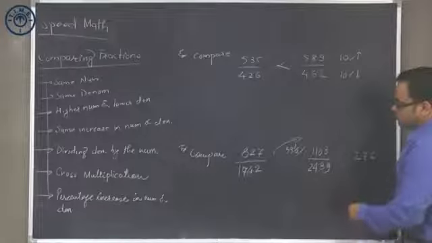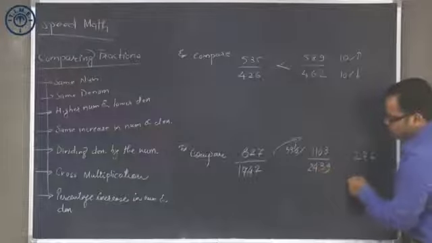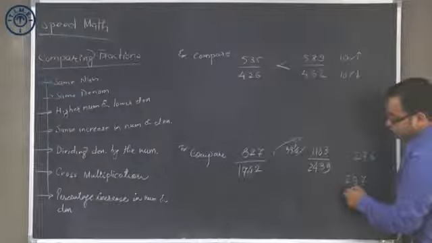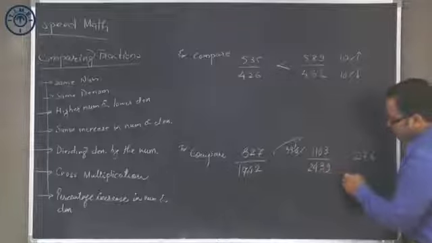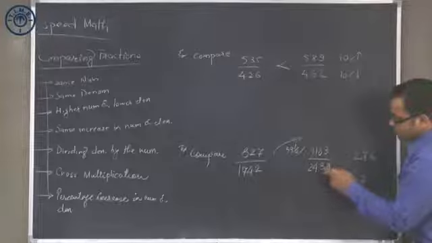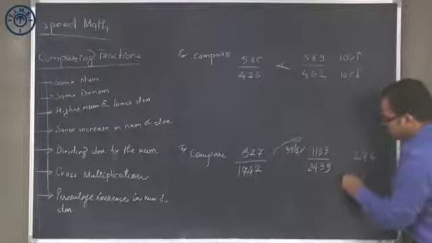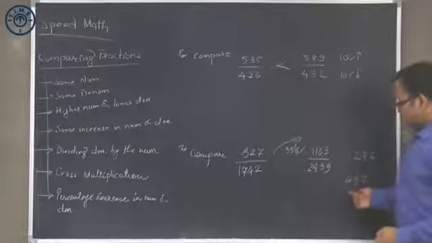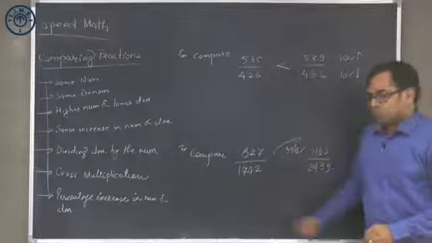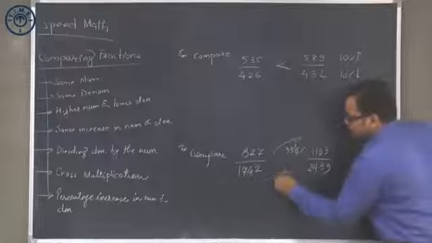Whereas if I look at the denominator, from 1742 to 2439, the increase is 697. 697 is approximately 700, 7 upon 17 is 40%. So this is increasing by 40%.